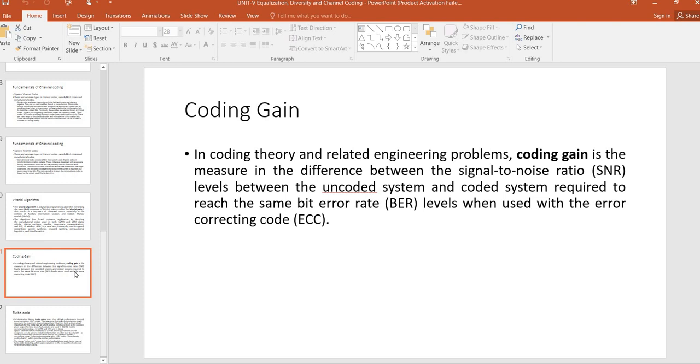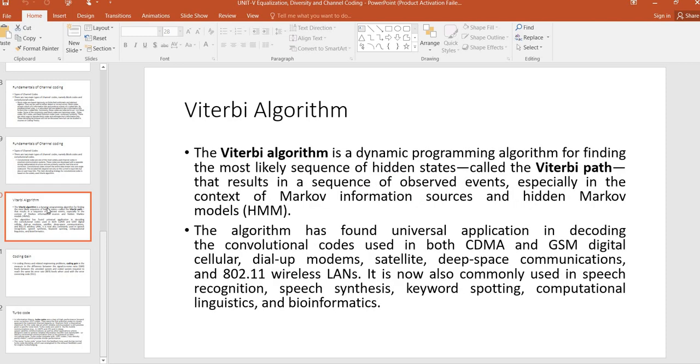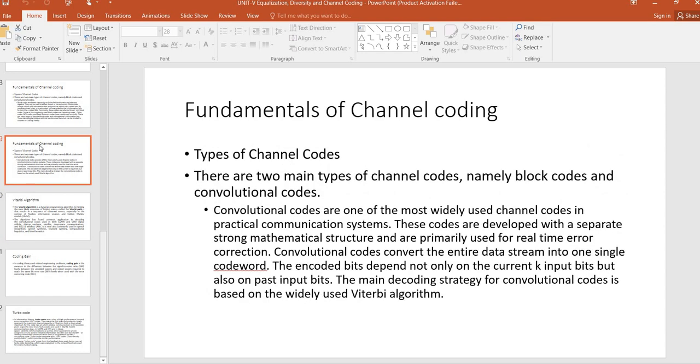When used with the ECC. In the last slide we already explained this error correction code.